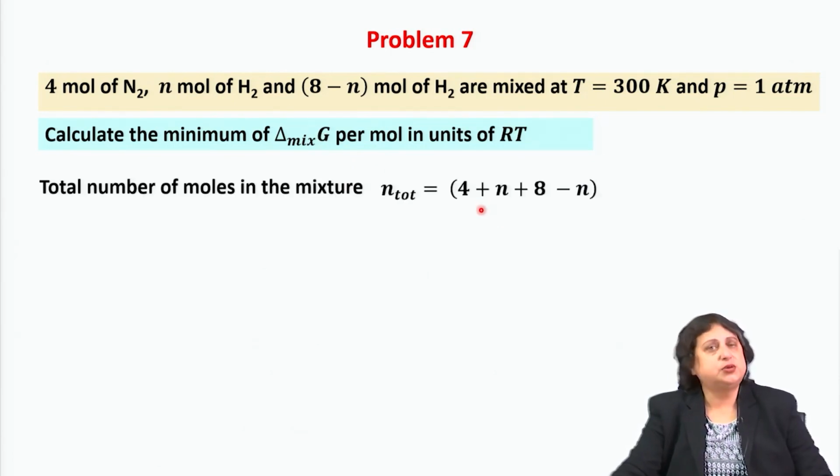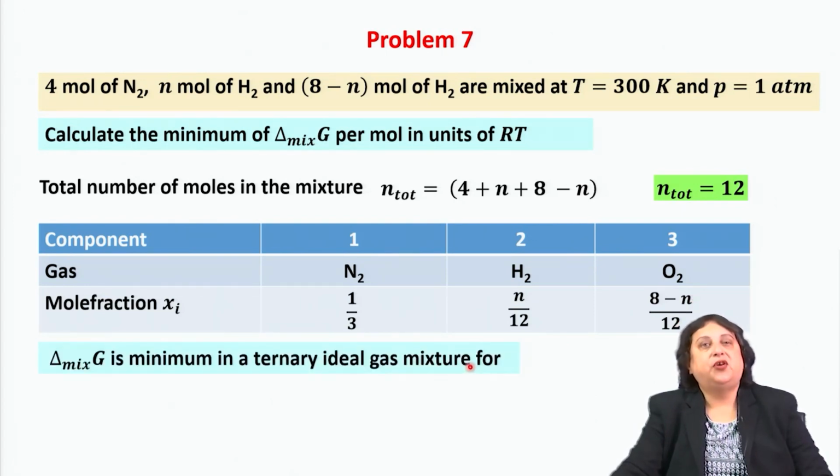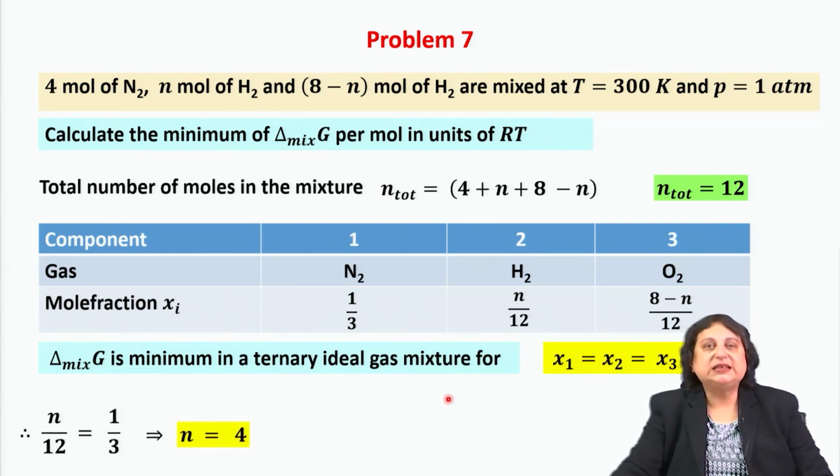You will say that the total number of moles in the mixture is 12, and I have the mole fraction of each component as 4 by 12, n by 12 and 8 minus n by 12. Since the free energy minimum would appear for equal mole fractions, n by 12 must be equal to 1/3, and that means that n must be equal to 4.